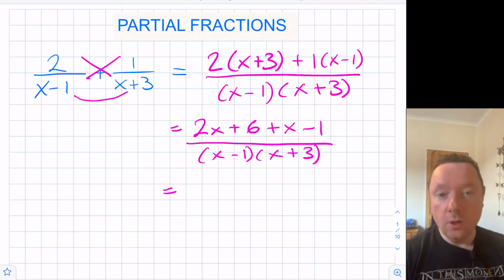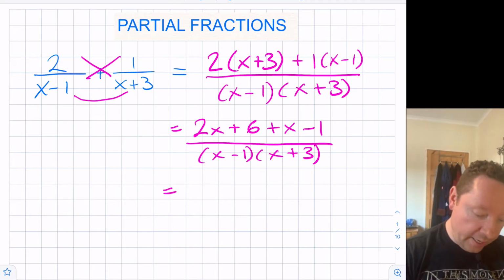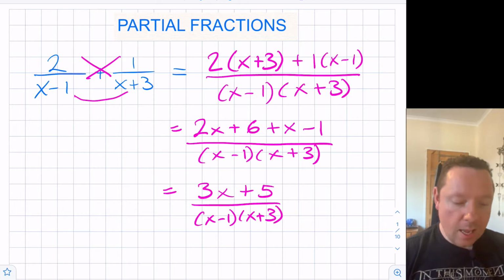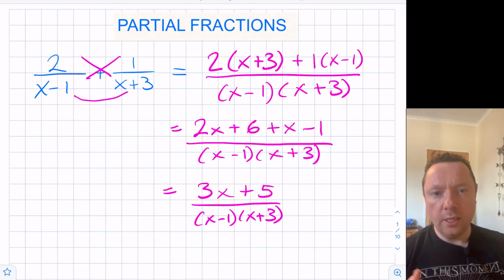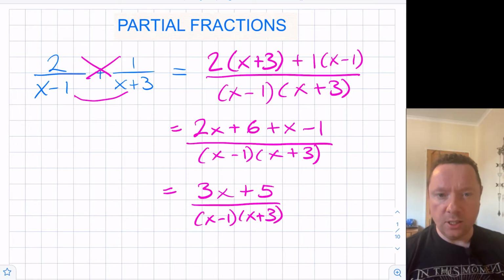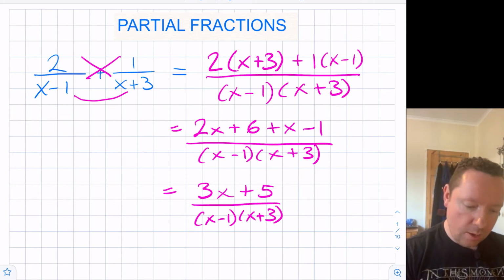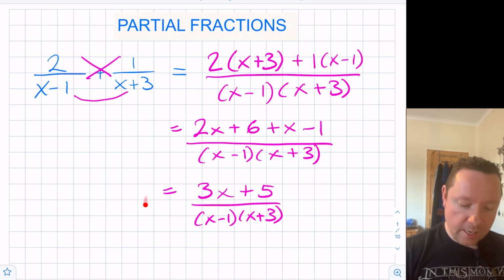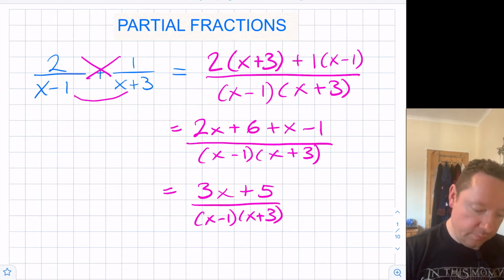So then to simplify our top, we've got 3x plus 5 over x minus 1, x plus 3. If I wanted to express a fraction as partial fractions, it would be doing this backwards. So it would be starting from this expression here and finding out that this is our partial fractions.